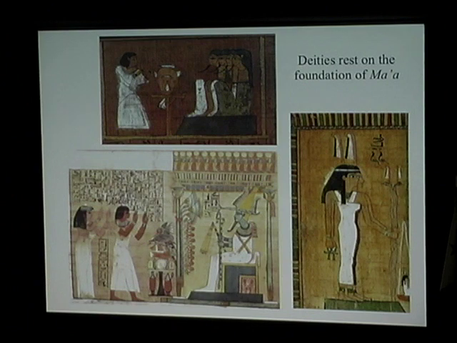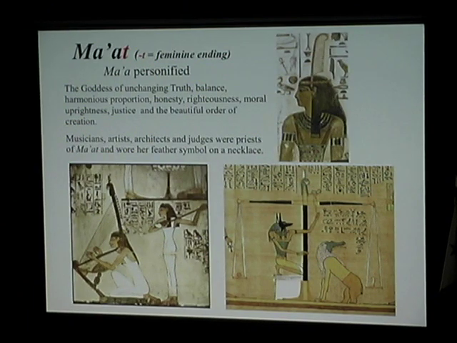And these feathers are actually the sign of the goddess named Ma'at, which is just ma'a with the feminine ending, the letter T. So she is ma'a personified. This goddess, she's the goddess of unchanging truth, balance, harmonious proportion, honesty, righteousness, moral uprightness, justice, and the beautiful order of creation.